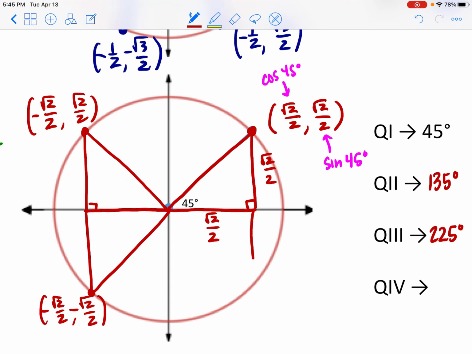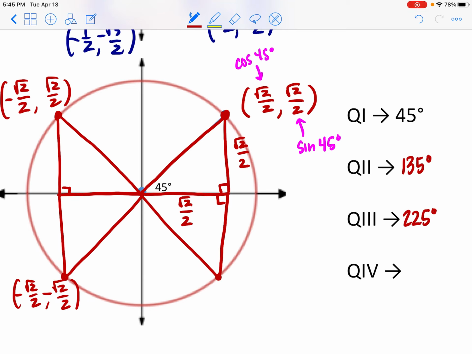And then if we finally take this over to quadrant 4, I drew that really poorly. It's because I think my circles are a little off, but just pretend that's perfect, okay? So in quadrant 4, what's the measure of the angle that we're looking at?